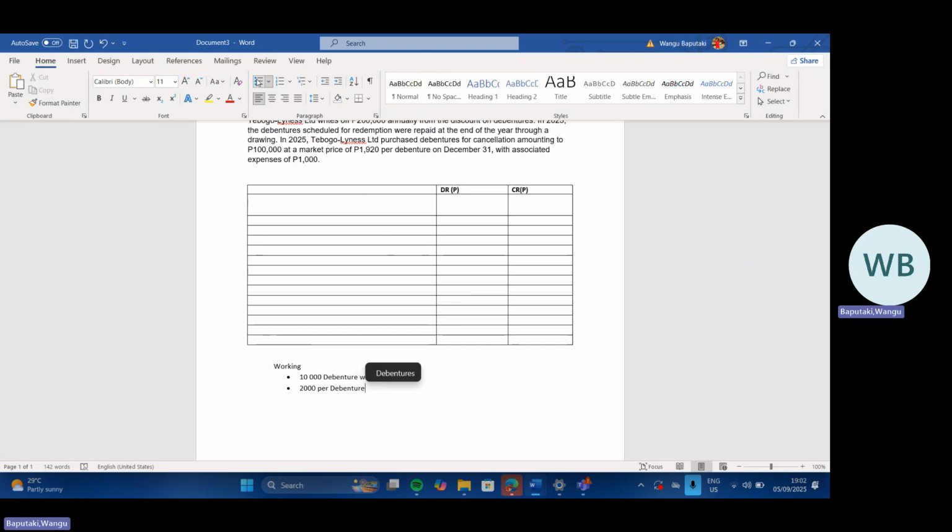And it was supposed to be issued at 1.9. Issue price was 1.9. Then there was a redemption of 500,000 debenture.